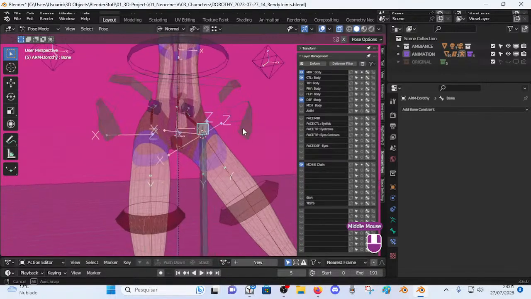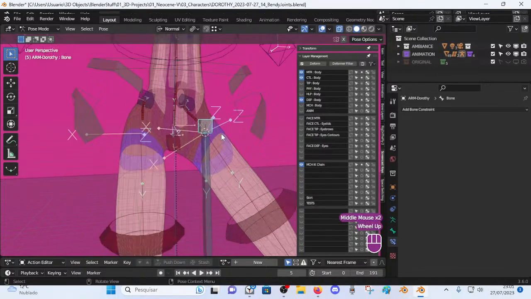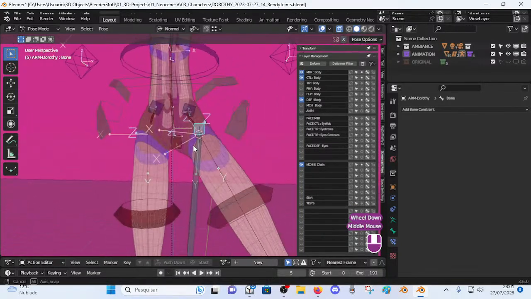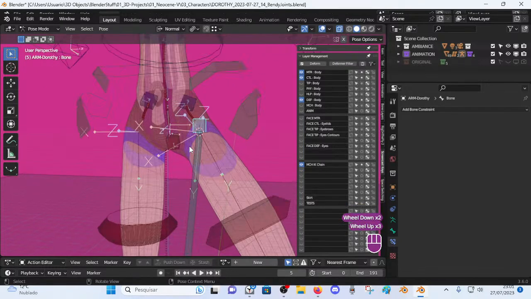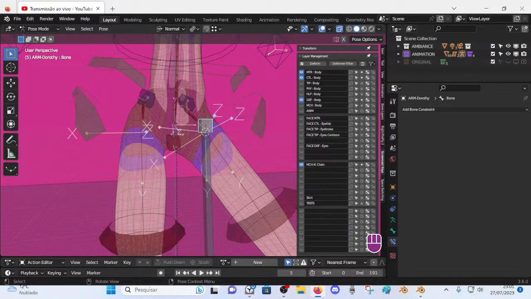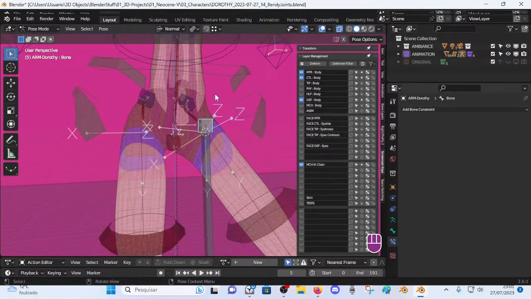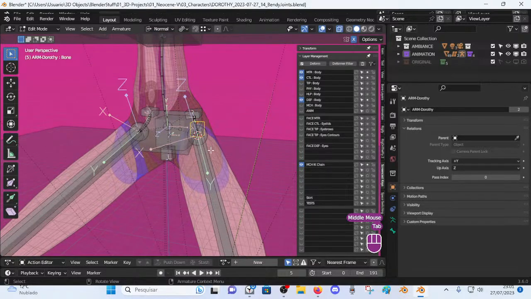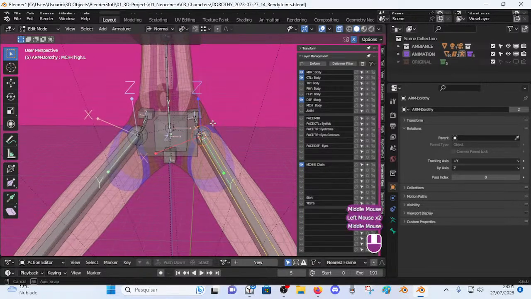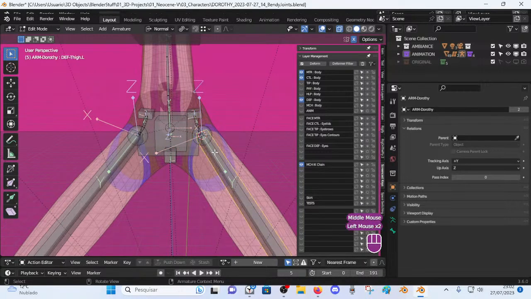This is going to be crazy. There are a lot of constraints that I cannot do. Cannot parent, cannot bone copy locations. Well, never mind. Let's just get it to.